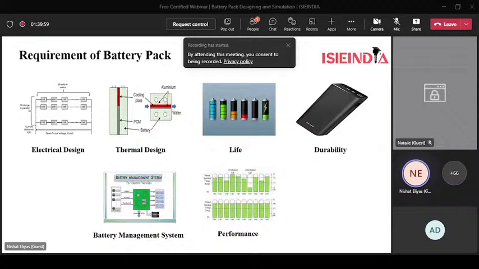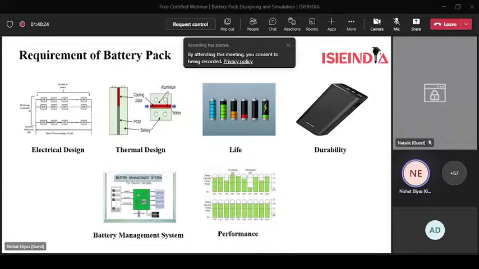The thermal requirements are such that the maximum heat can dissipate to the environment, and there is no heat trapped inside the battery pack. There may be the case of thermal runaway, that is, there will be heat generation, and then more and more heat generation due to the heat generation.